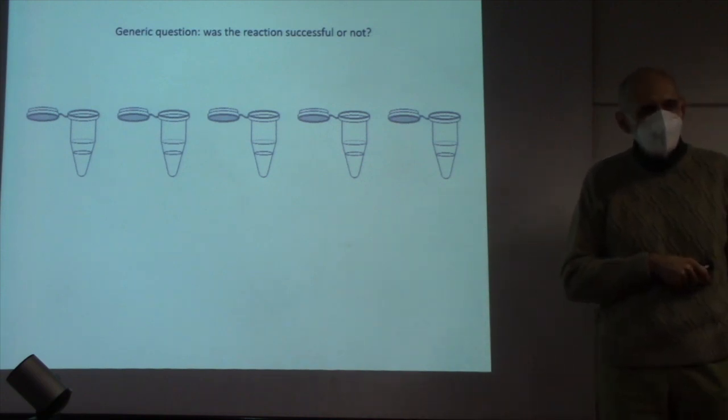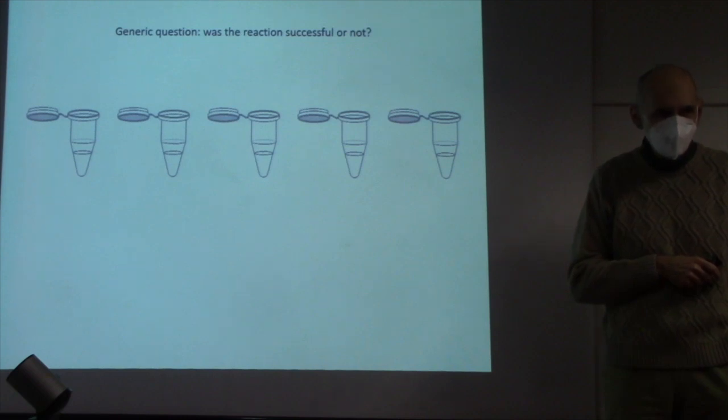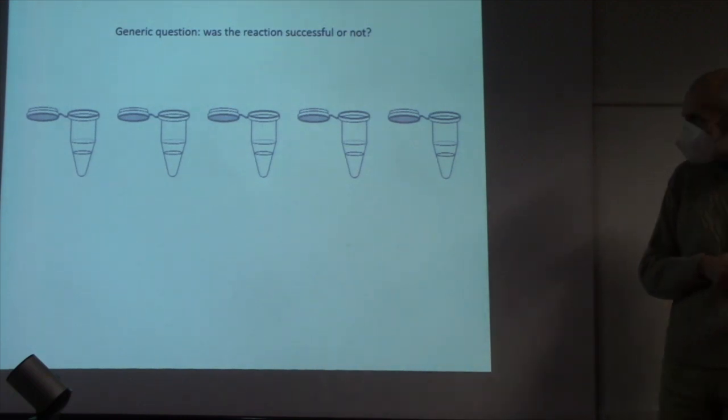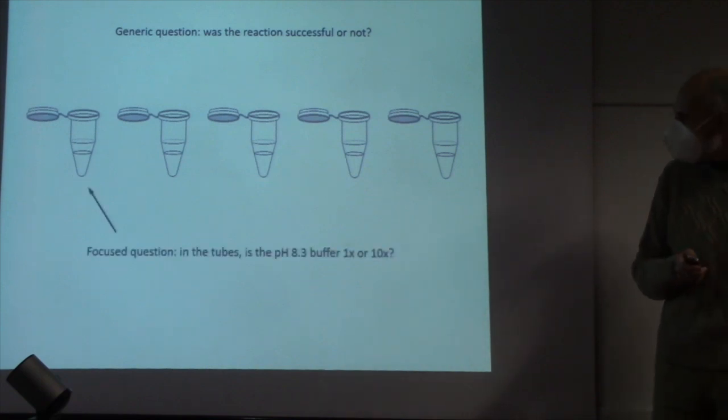If we add a strong base or a strong acid, the more concentrated buffer will suffer less. Yes, exactly. So the refined question was, is the pH 8.3 buffer 1x or 10x?